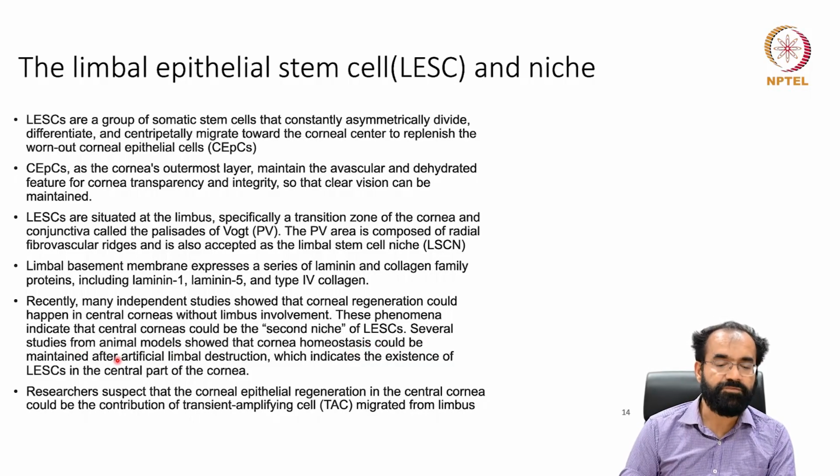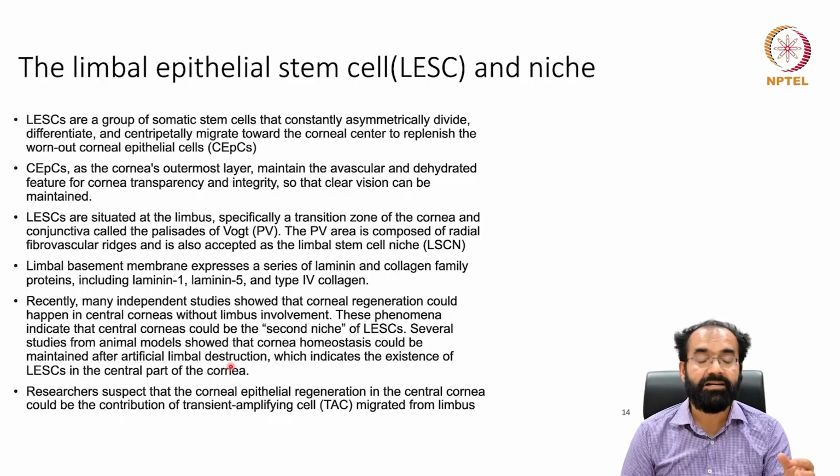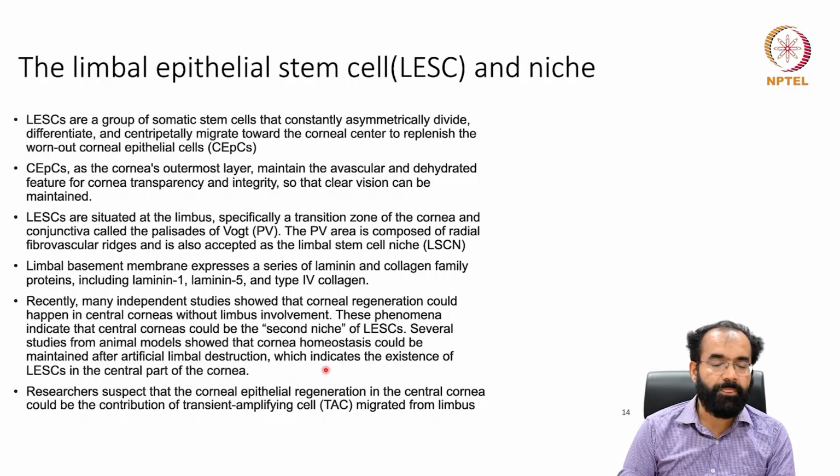Several studies from animal models, done in rodents, show that corneal homeostasis could be maintained after artificial limbal destruction. You can damage it in the model organism, which indicates the existence of LESCs in the central part of the cornea itself.